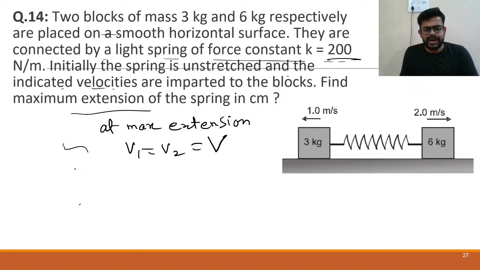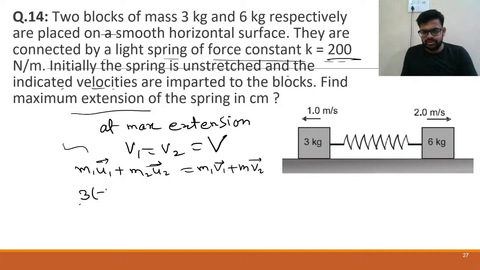So directly I will apply what, m1 u1 plus m2 u2, that will be equal to m1 v1 plus m2 v2. Now with sign we will put it here. Okay, so let us write it with sign. M1 is 3 kg and its velocity is -1, plus m2 is 6 kg and its velocity is 2. This is 3 kg, its velocity we need to find, है ना? So let us write that is v.